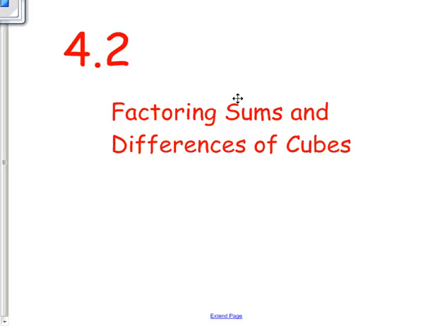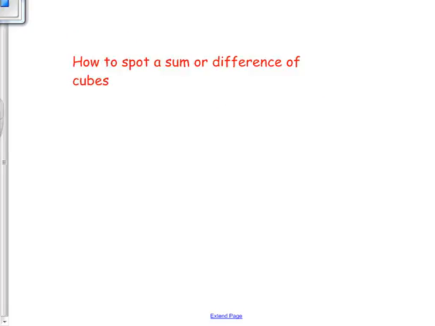All right, so today we're going to look at factoring sums and differences of squares.